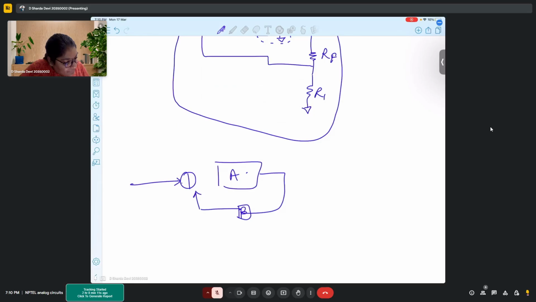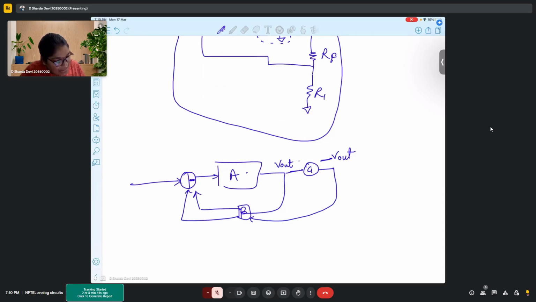Here you had V out, but rather than giving it to beta, they passed it through some gain-based circuit, and you are getting minus V out over here. This minus V out is being fed to your beta circuit, and that is again being fed through this negative to A. So at this point, what is being fed to your amplifier is minus of minus V out, which becomes plus V out, right?